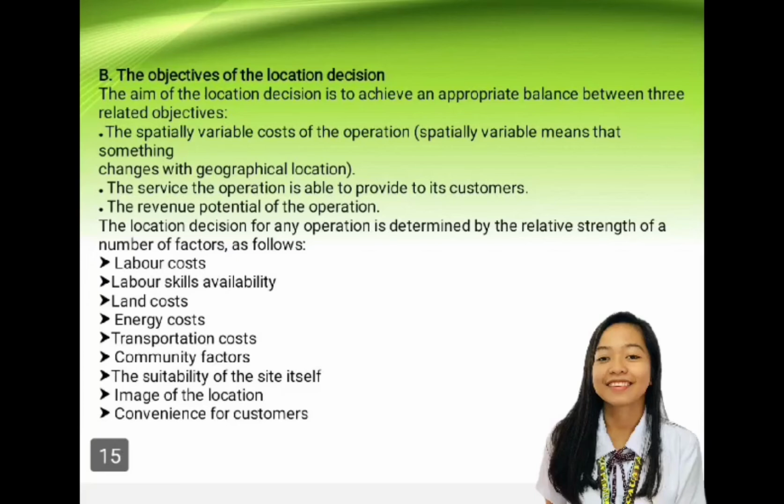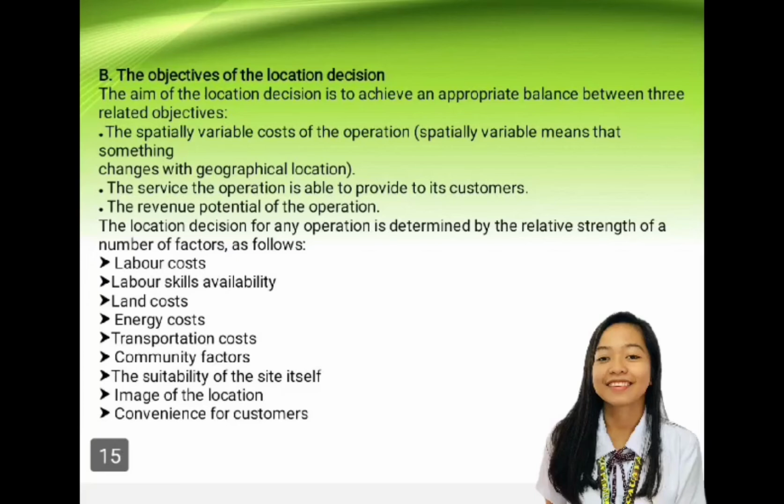3 is the land cost. You are going to operate on land that has a cheaper land cost but is also profitable. And next is the transportation cost.